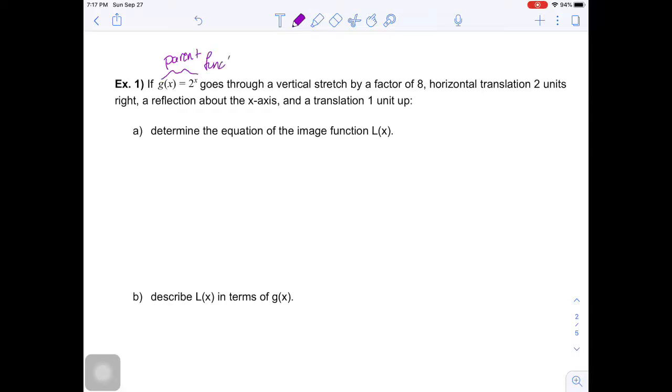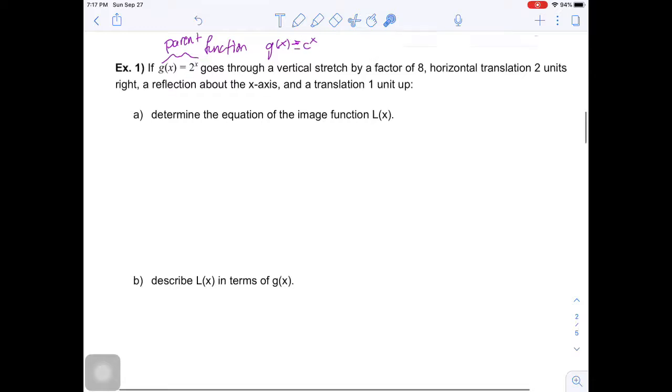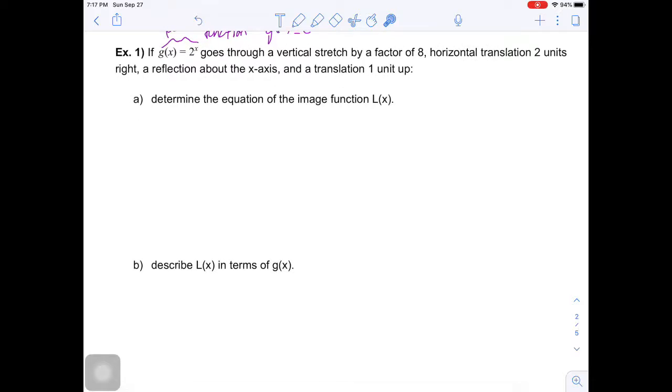It has the general shape of c to the power of x, but in this case, c is 2. If this thing goes a vertical stretch by a factor of 8, horizontal translation 2 units right, and a reflection about the x-axis and a translation 1 unit up, determine the equation of the image of the function.